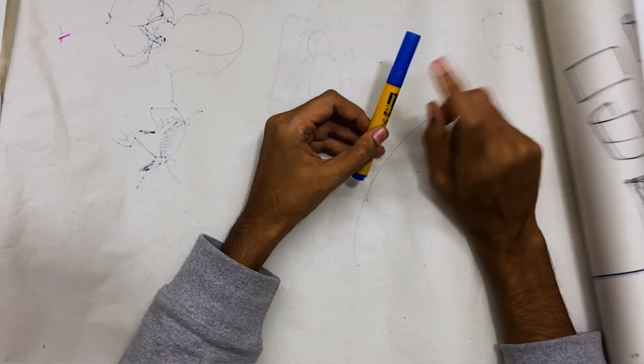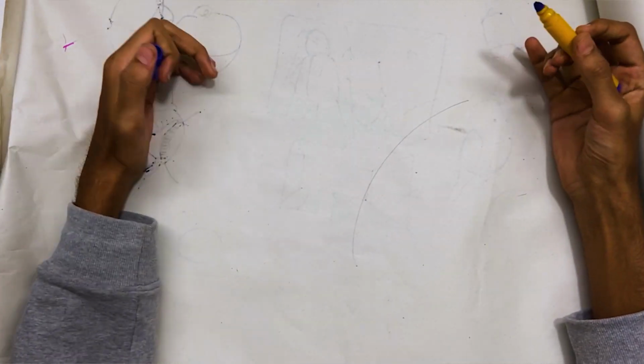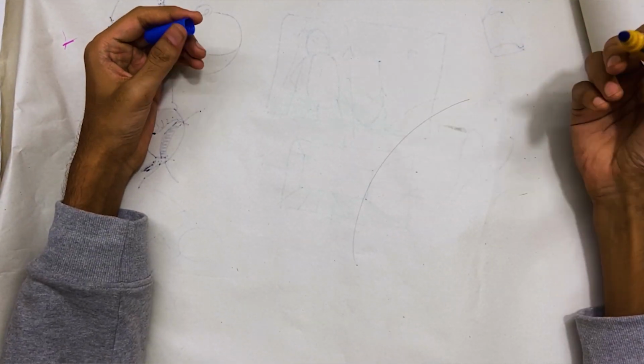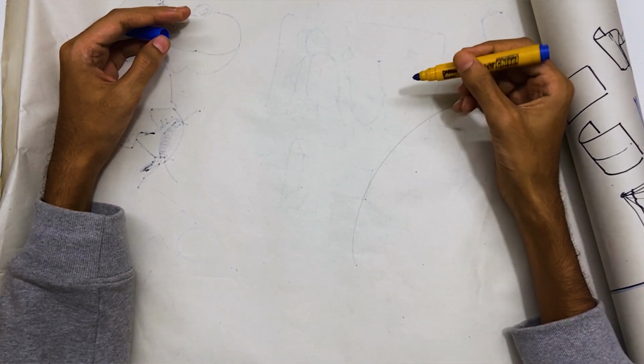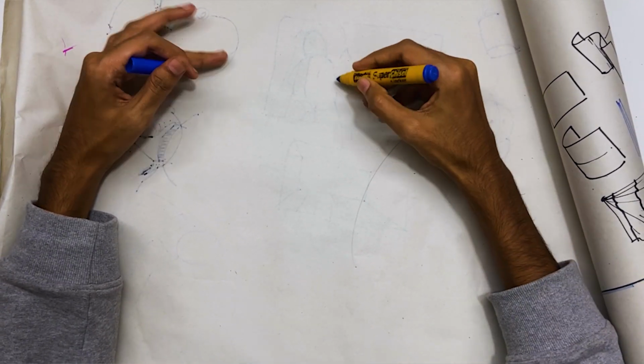So, I'll show you how to draw gestures for a character. See, I'm using a marker because I want to capture this in the camera. So let's say somebody is running.